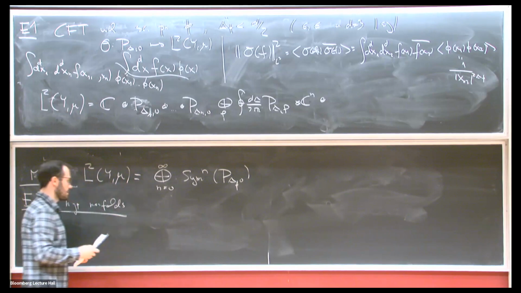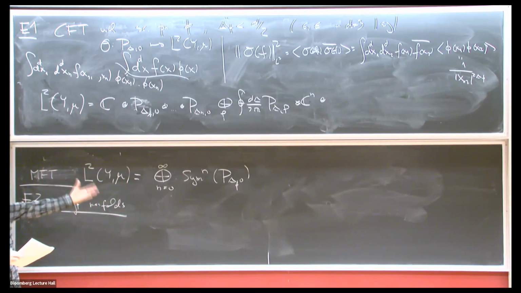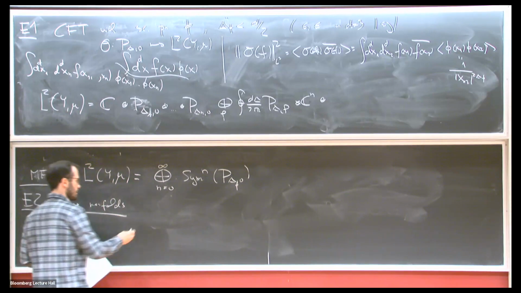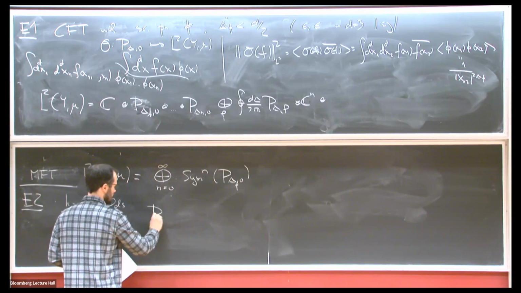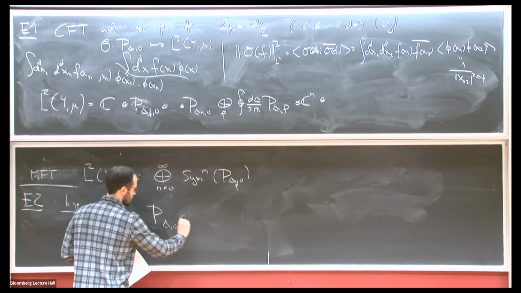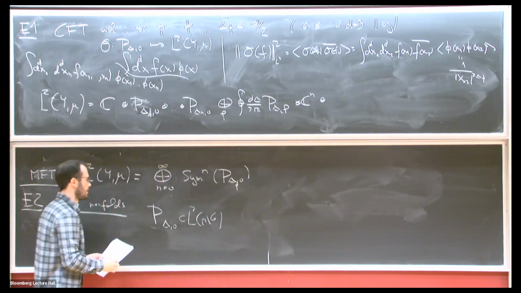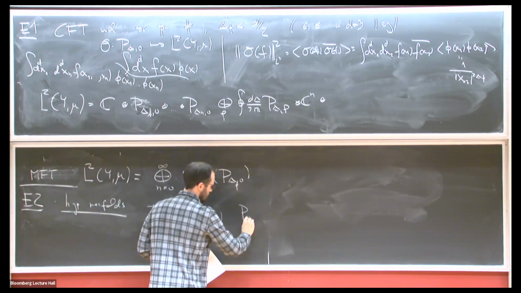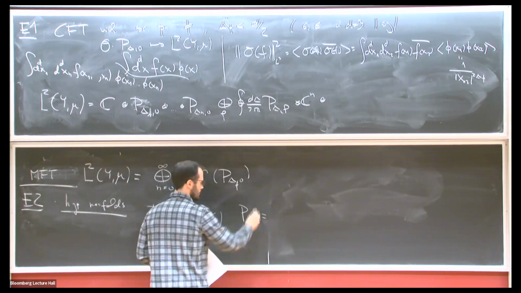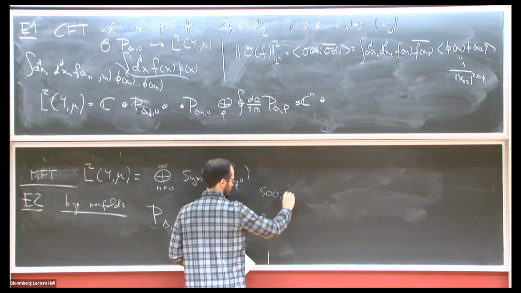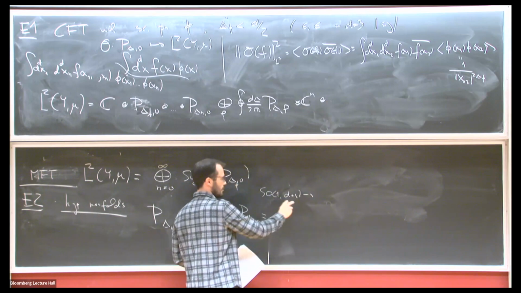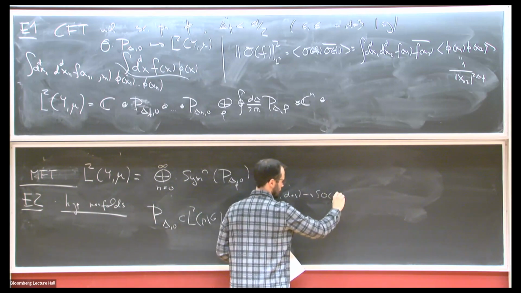There, the claim is that the principal series representations correspond to Laplacian eigenfunctions. And one way to see it: let's assume that the principal series P_Δ is in our L2 of G mod Γ. Then you can decompose this under the reduction from SO(1,d+1) to SO(d+1).